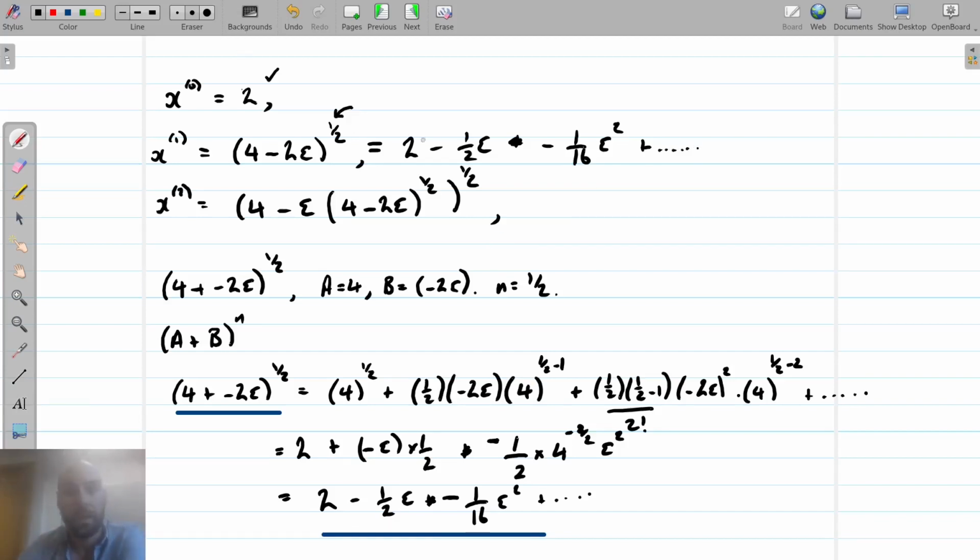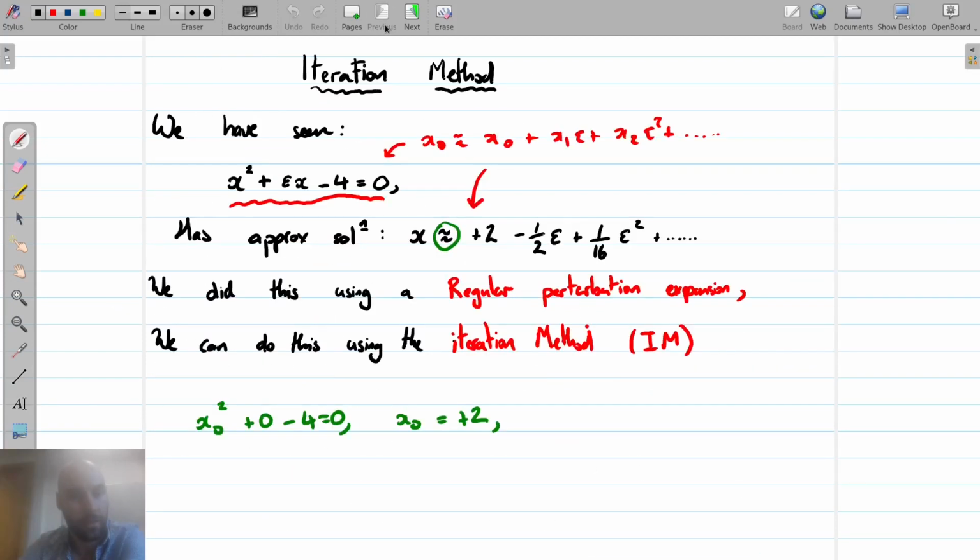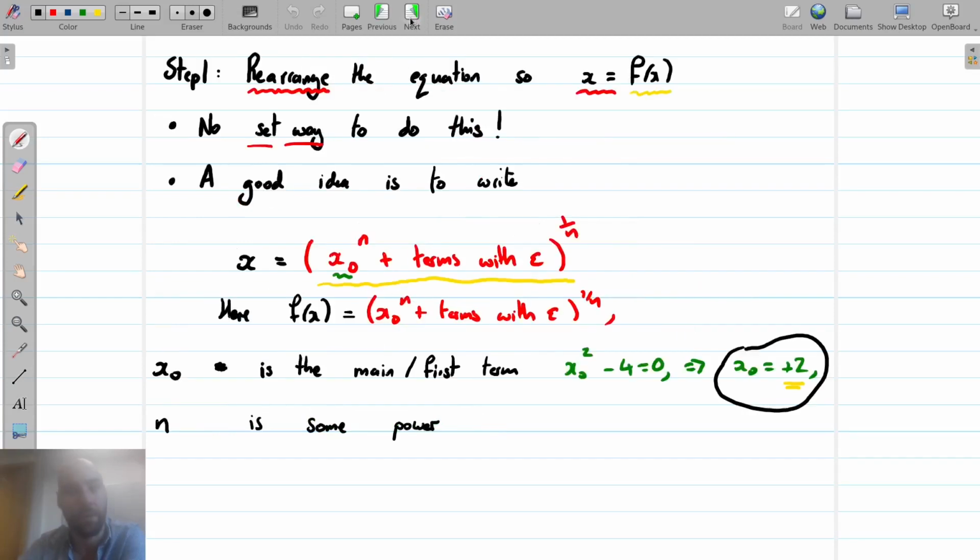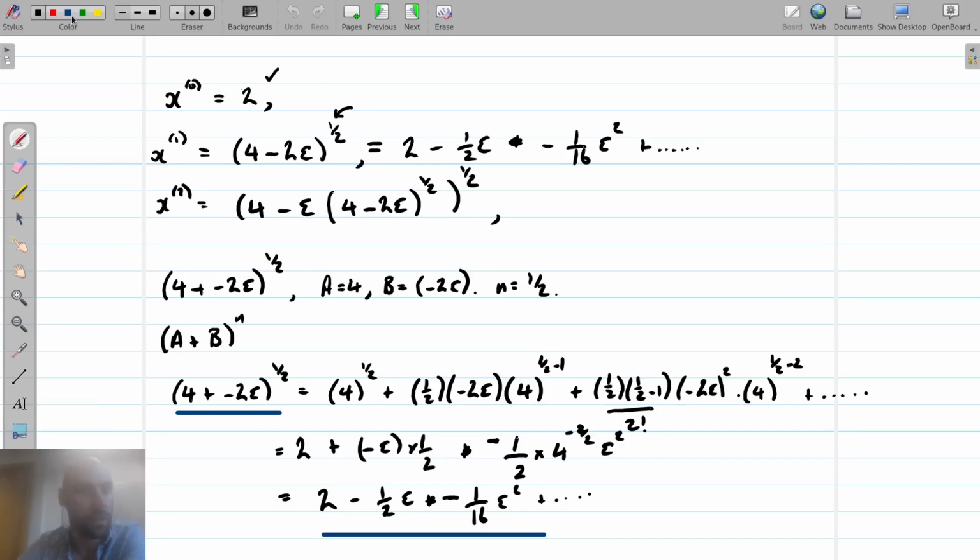So let's just compare this a second to the answer we got last lecture. So this was my answer, 2 minus a half epsilon plus 1 over 16 epsilon squared.